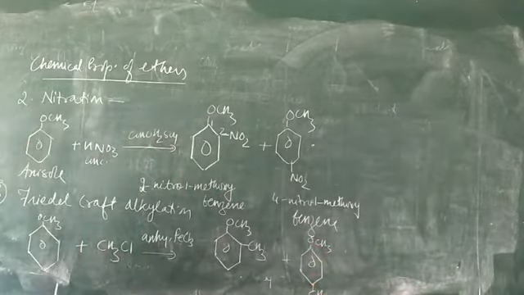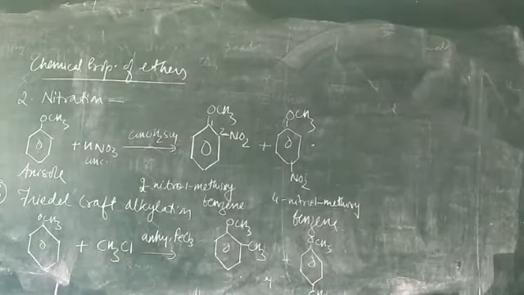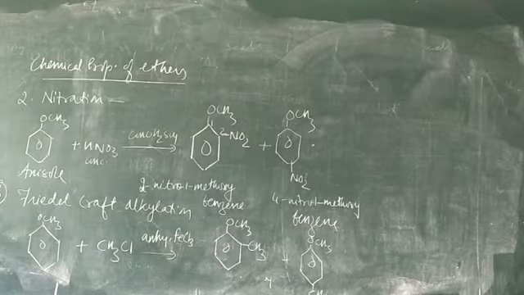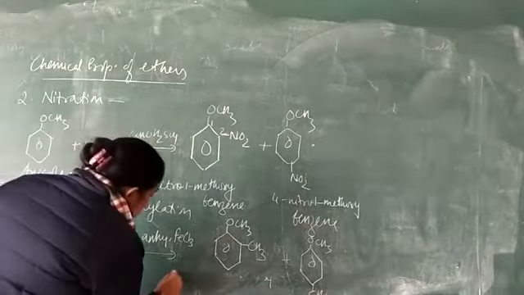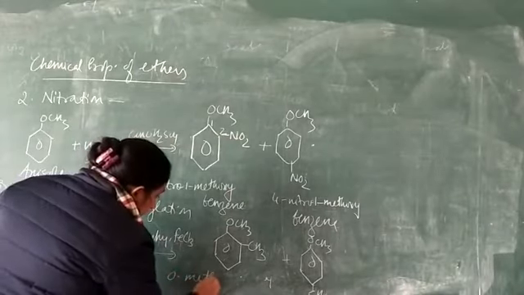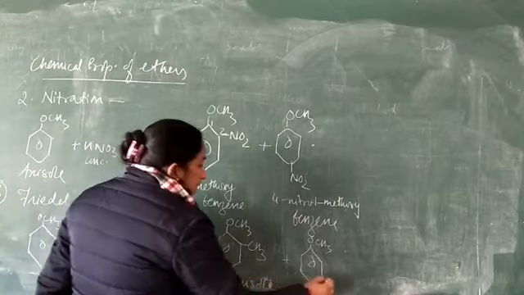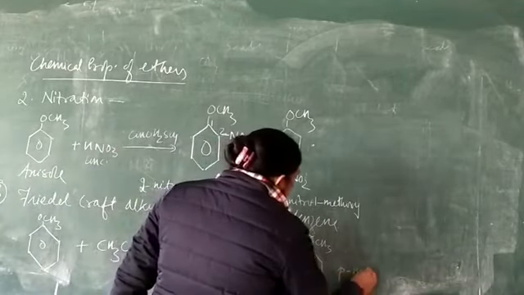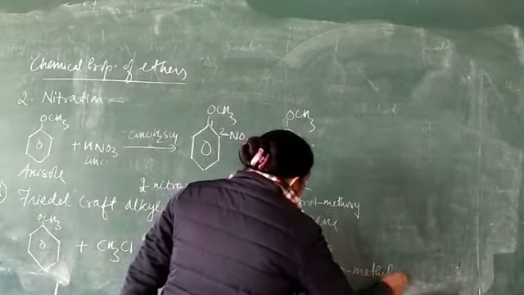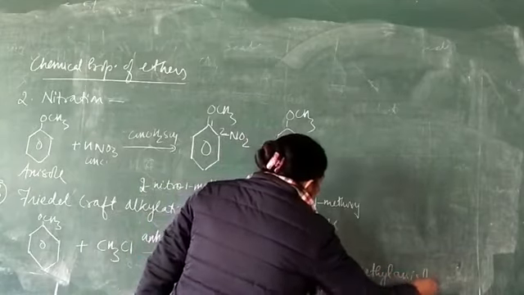So here we are getting, at the ortho position we have the CH3 group, it is ortho methyl anisole. In the same way it is para methyl anisole, right?